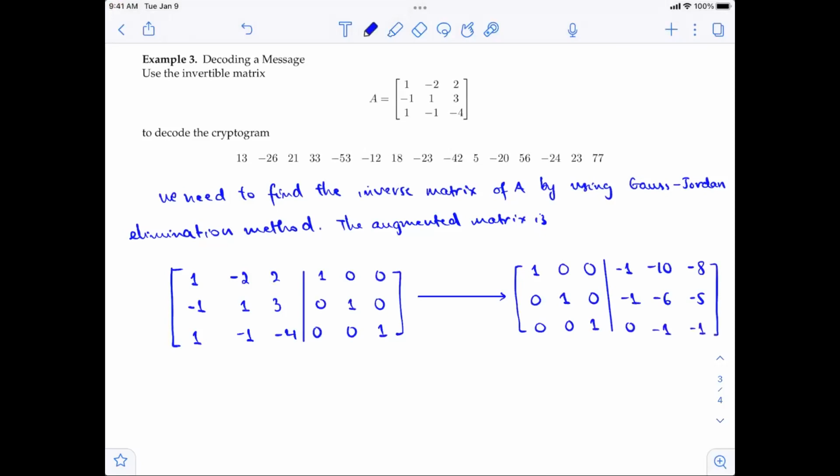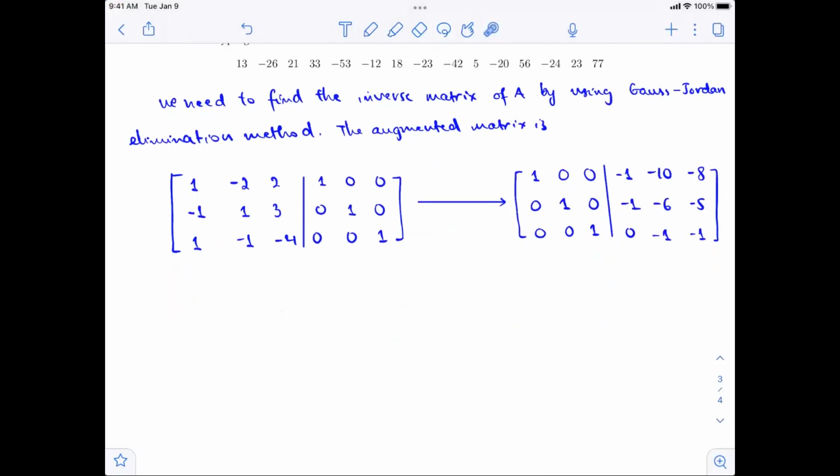This is multiple steps of elementary row operations. But again, you can form this augmented matrix in Python and use the command rref to help you with these calculations. So that's what I'm going to do. Basically, in lecture 6, we already have the code.